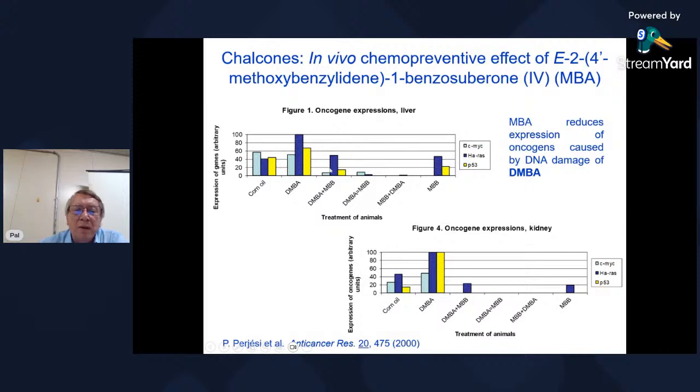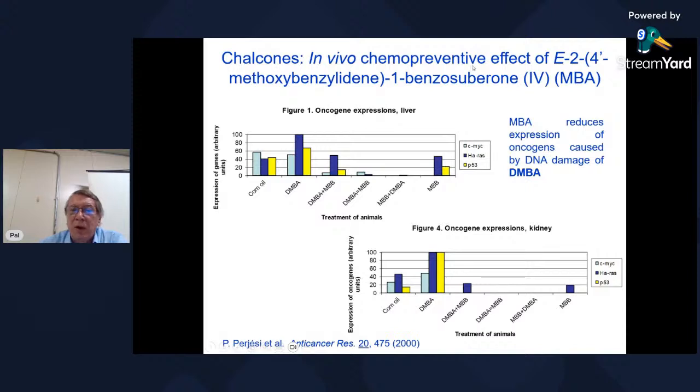When, however, the experimental animals were treated with these benzosuberone derivatives, these cyclic chalcone derivatives, such an increase was decreased or totally disappeared.